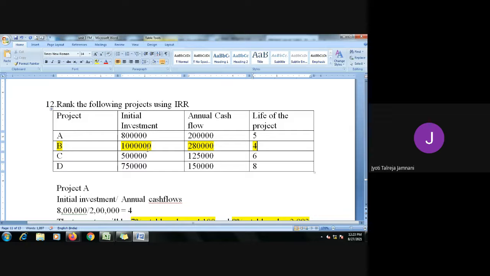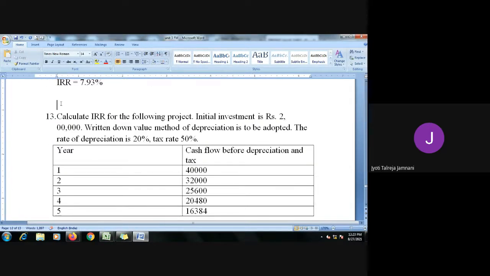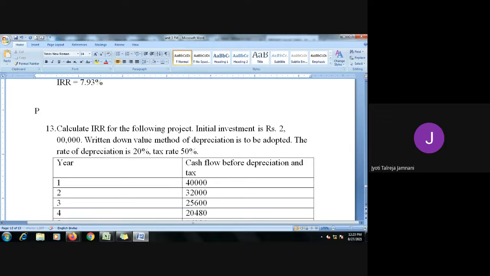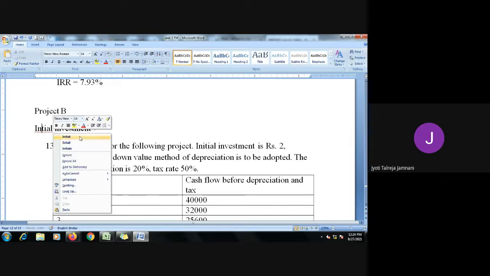Investment is 10 lakh and the annual cash flow is 2 lakh 80. Life of the project is 4. So first what we do for project B is initial investment divided by annual cash flow.